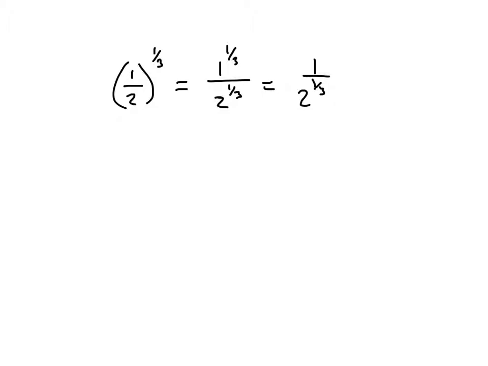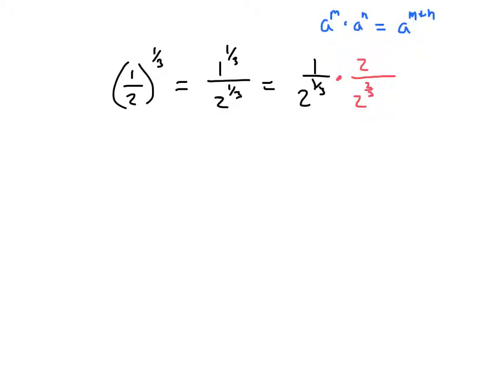So I'm going to use my rule that says a to the m times a to the n gives me a to the m plus n power. And I want to multiply the top and bottom of this by 2 raised to a power. 2/3. That's exactly it. I want it to be 2/3, because I want to take 1/3 plus 2/3 to get 3/3. And 3/3, of course, is 1. It goes away.